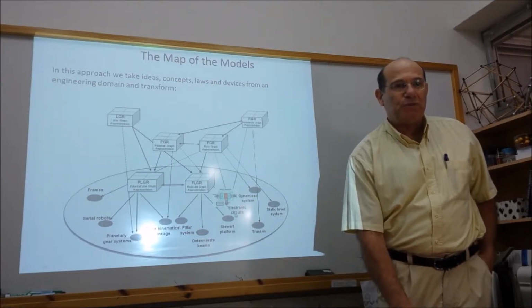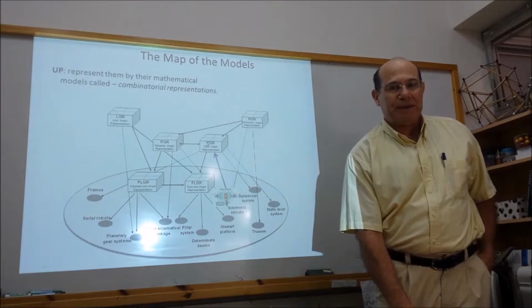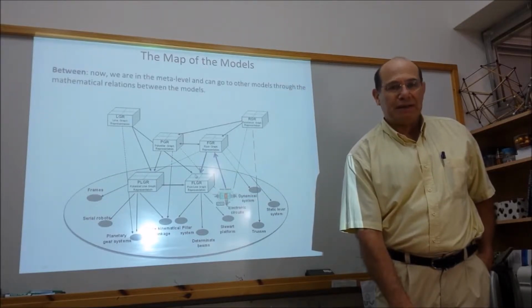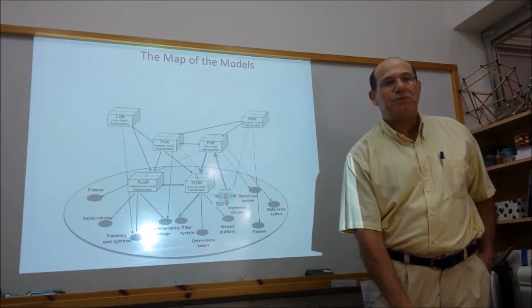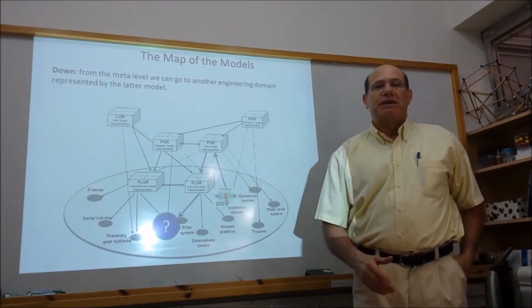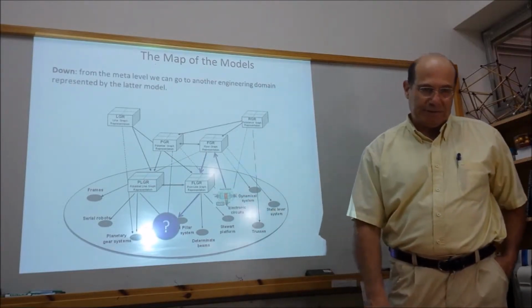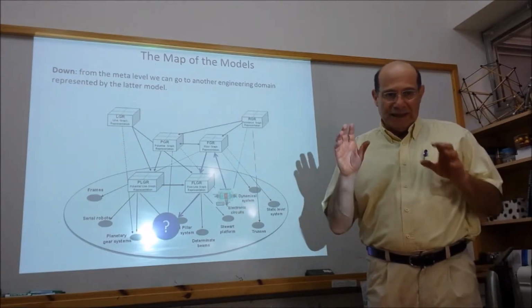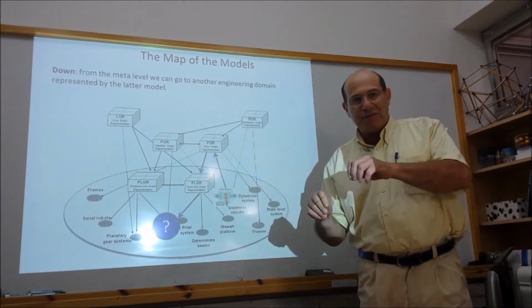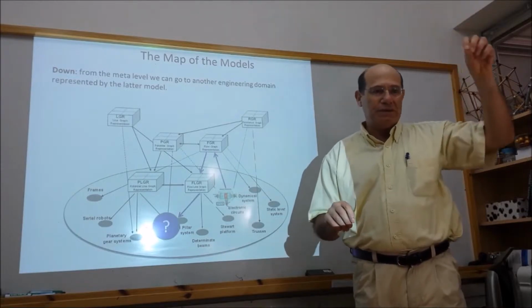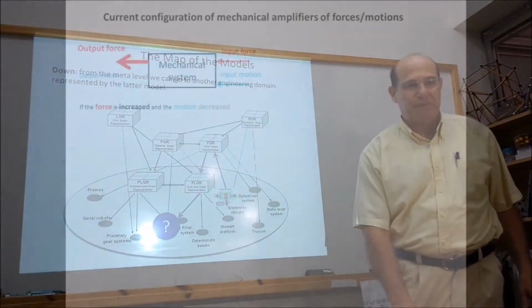We will move it to its mathematical model, from there to another model, and from there to mechanical engineering systems. So we take one device, go up, and then go down to another engineering domain.